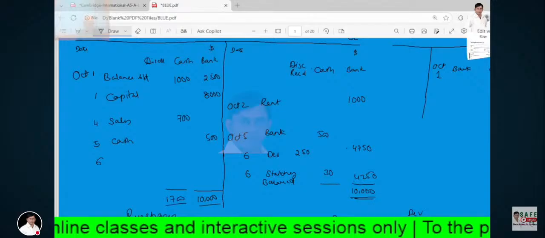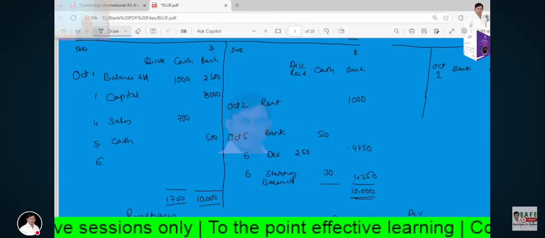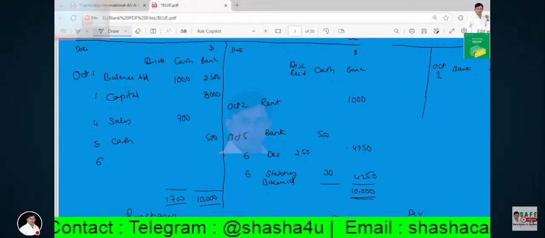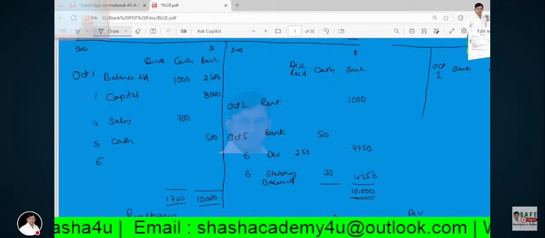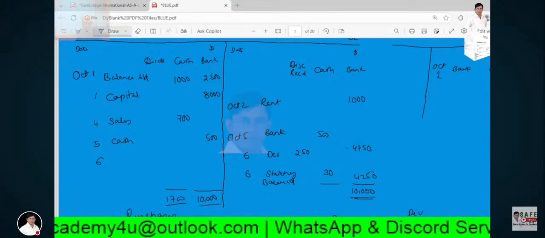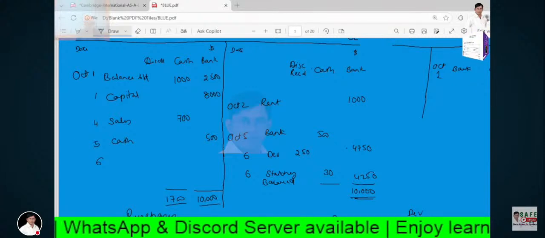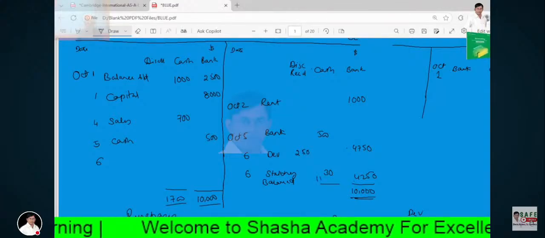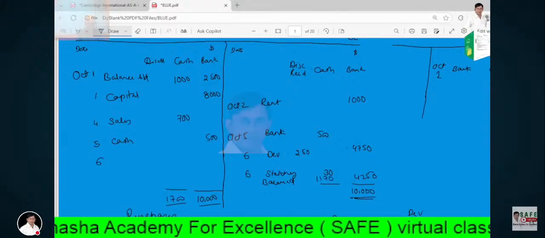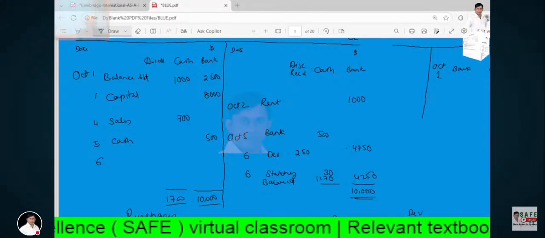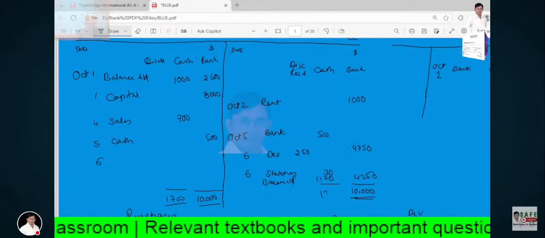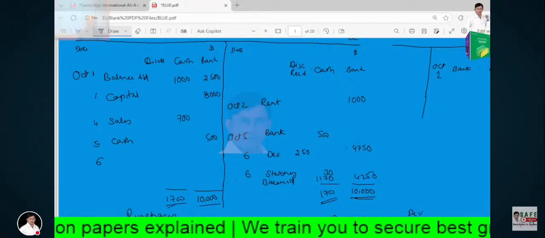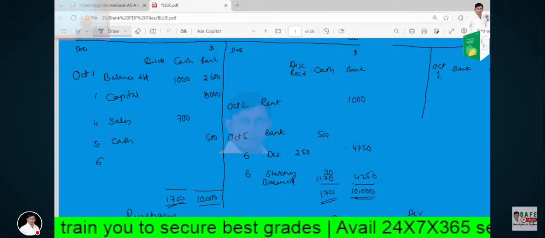Here it is 530. 1,700 minus 530 is 1,170. So you write down 1,170, so that the total on both sides becomes equal. This is how balancing is done.